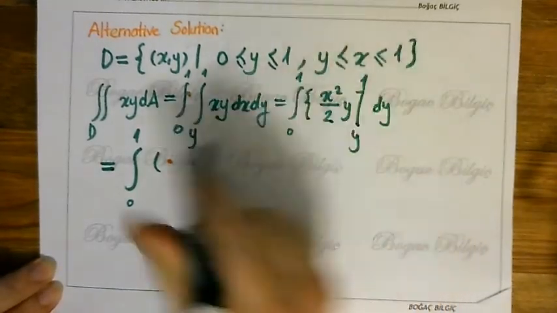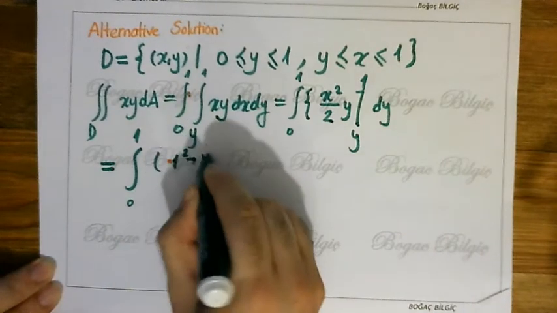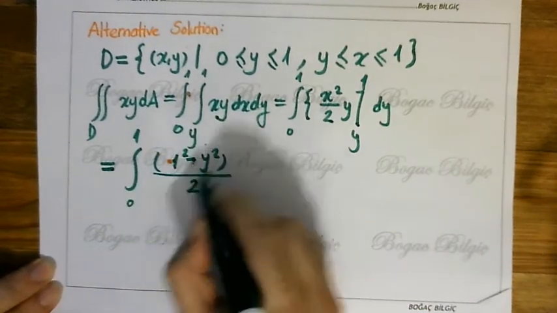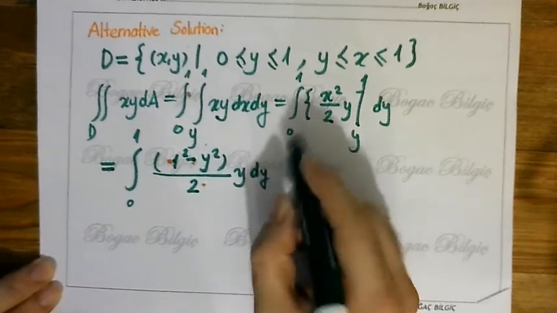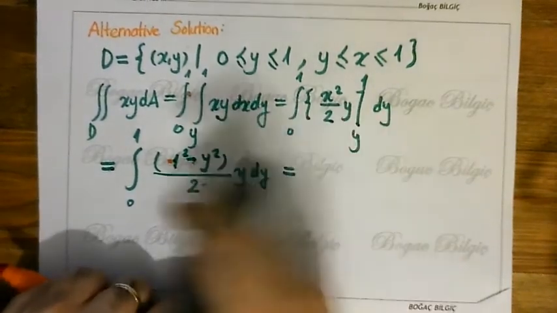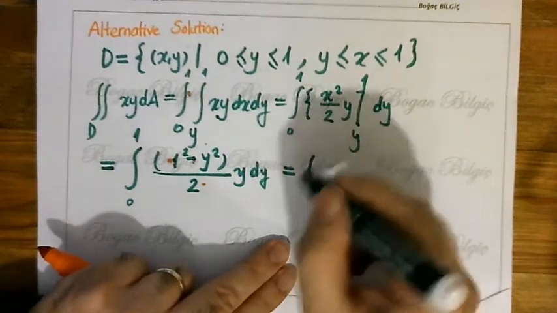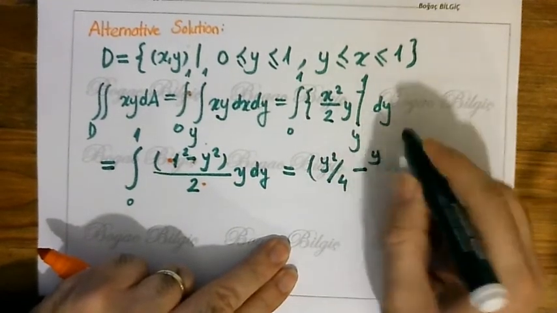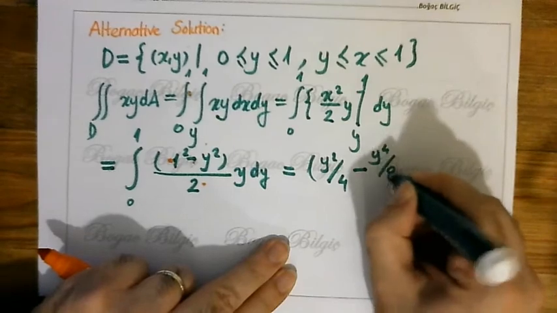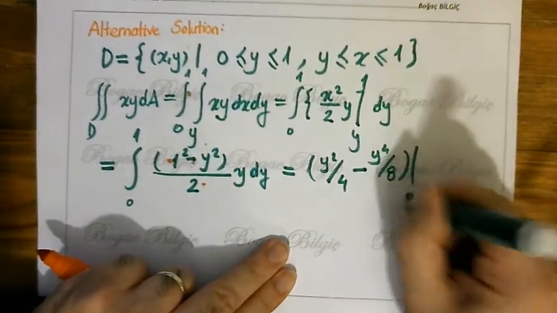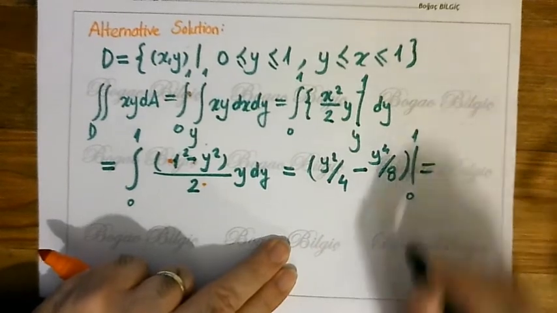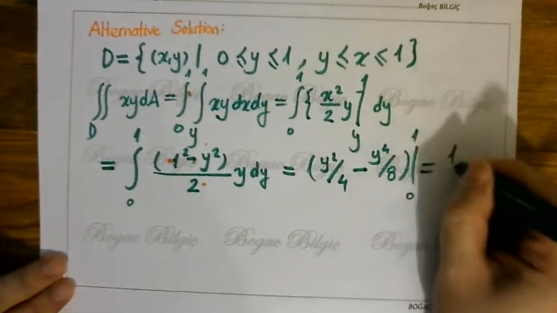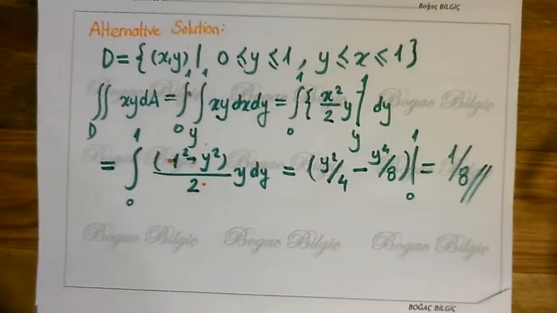We calculate 1 divided by 8. Same answer. We obtain the same answer regardless of the order of integration.